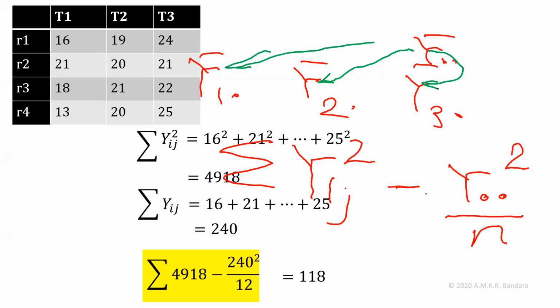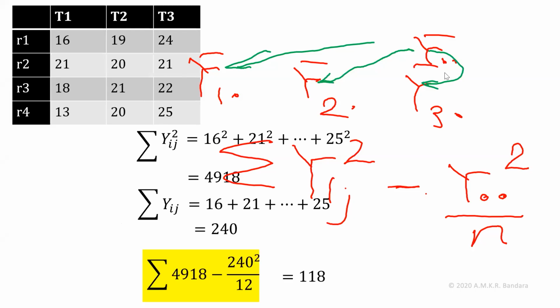So you have one mean for treatment 1, that is y1 dot bar, another mean for the second treatment, y2 dot bar, and another for the third treatment, y3 dot bar. Then when you average all of these 12 observations, you will get the grand average. We represent it as y dot dot bar.